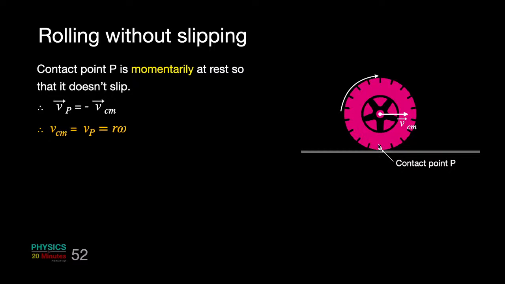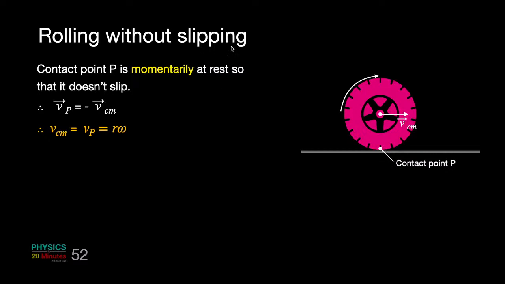Another way to check rolling without slipping is to see how much distance the wheel travels in one rotation.